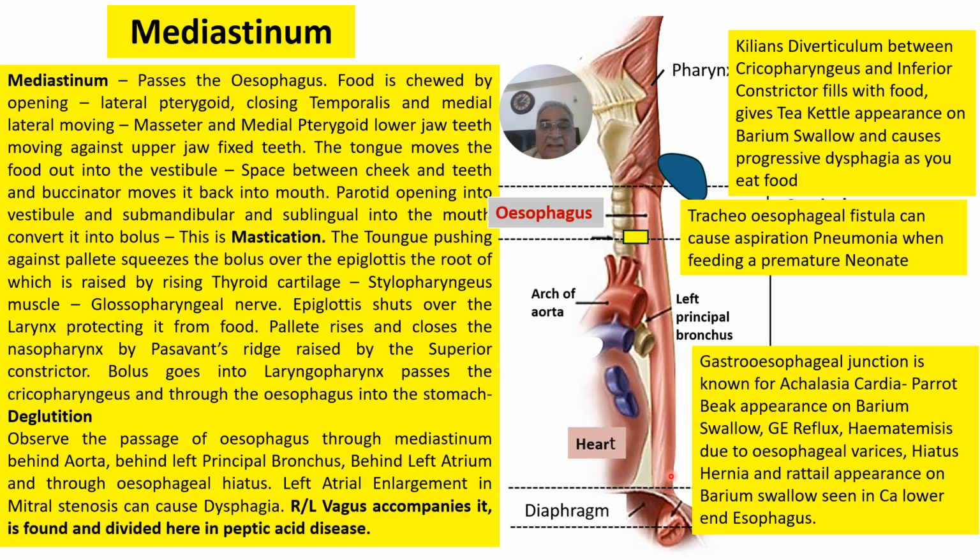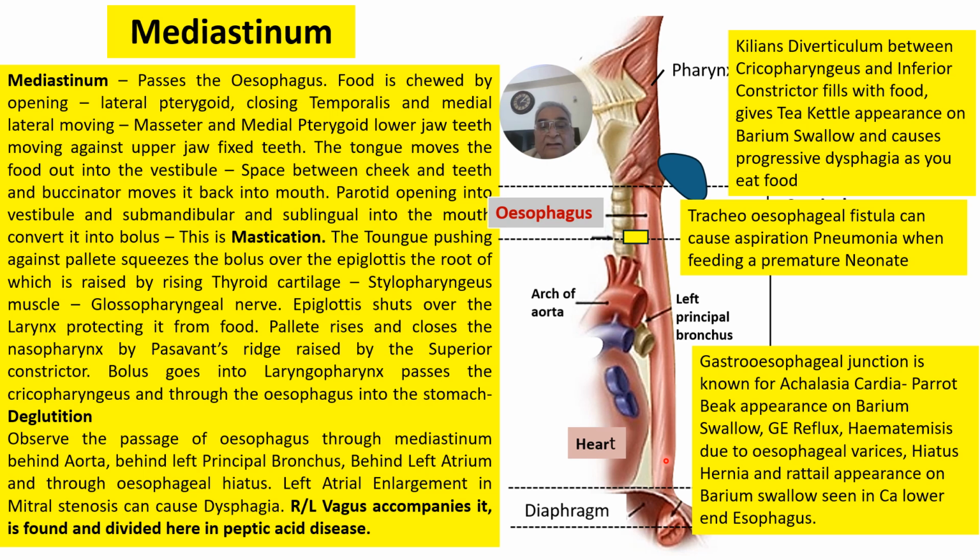The second thing is, what are the abnormalities of the lower end of the esophagus? The congenital one is called achalasia cardia, where the peristalsis fails in the lower segment. And if you take a barium swallow, you will get what is called a parrot beak appearance.